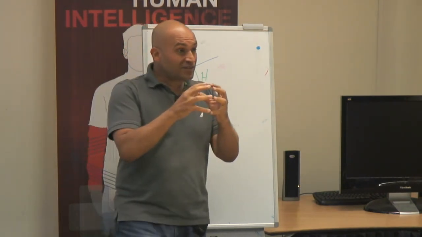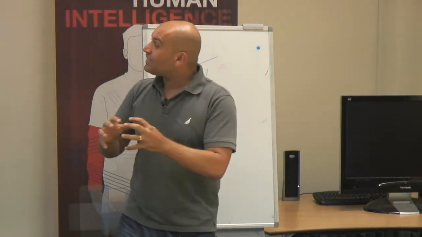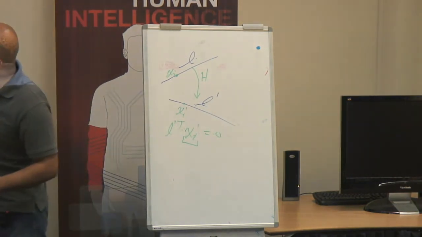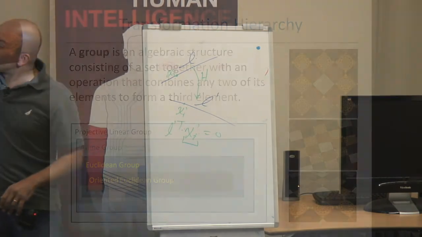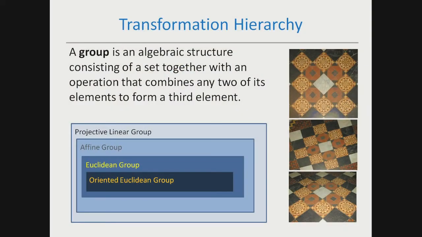Now, among these groups, if we think about the projective linear transformation, this is the largest group. Within this group, we have subgroups: we have the affine group, which is the affine transformations, and within the affine transformations, we have the Euclidean group. And within the Euclidean, we have the oriented Euclidean group.